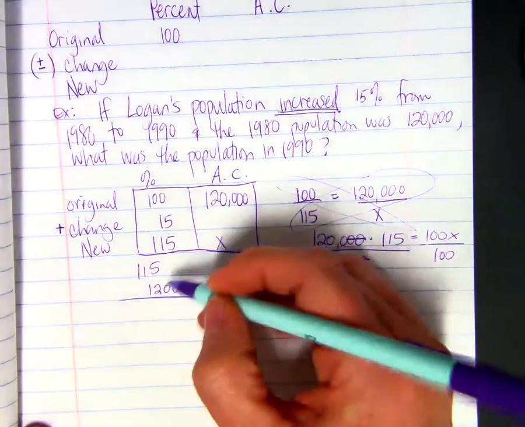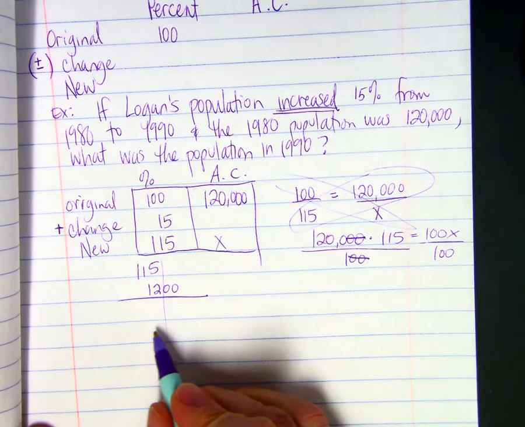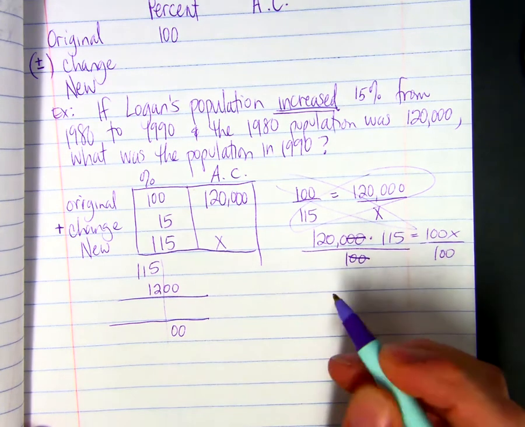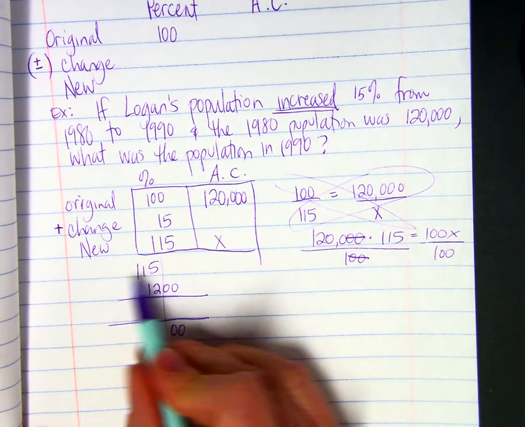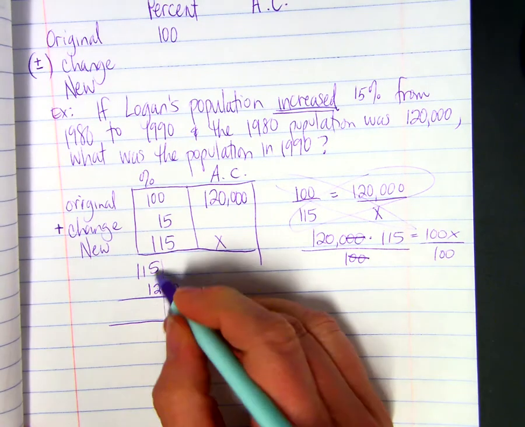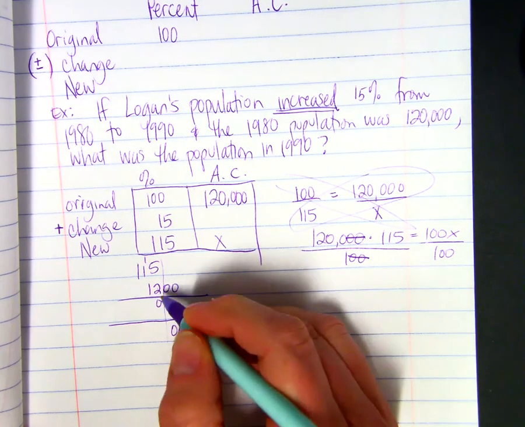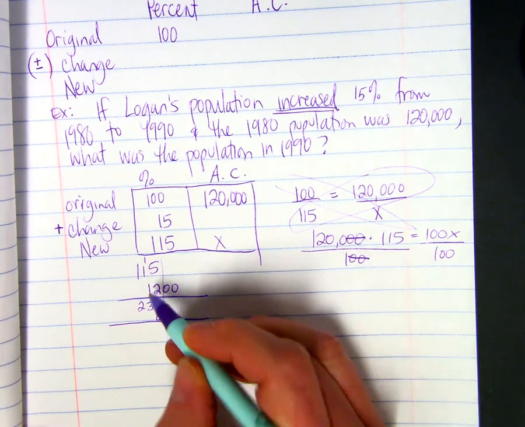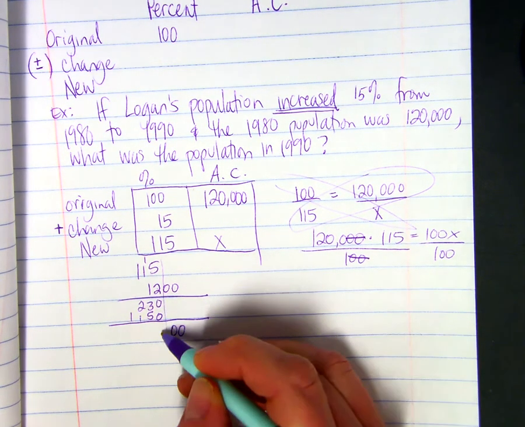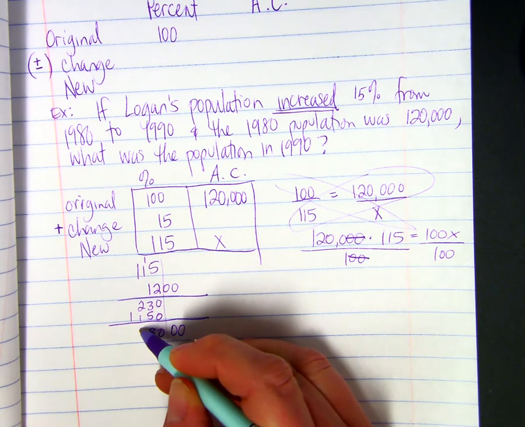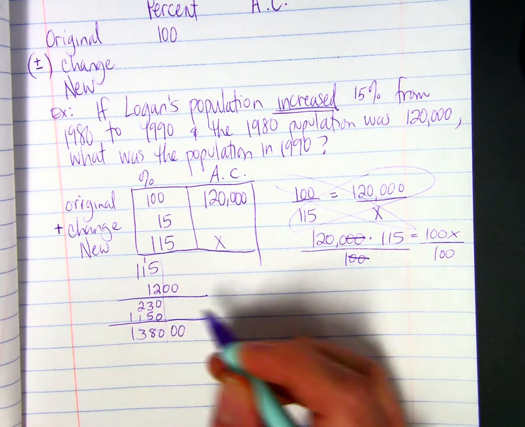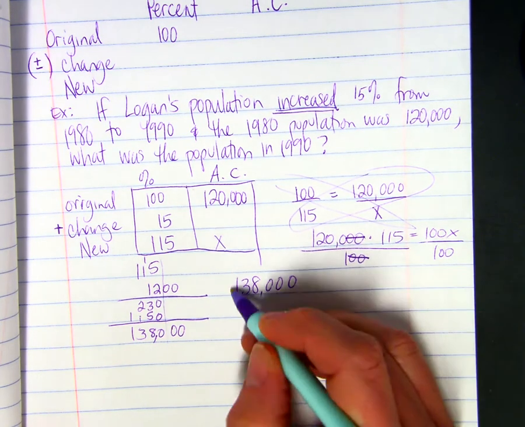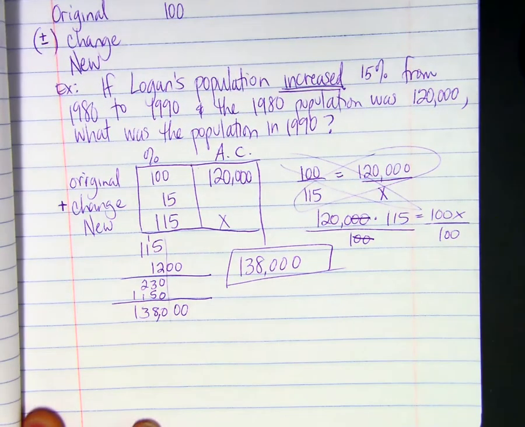Now on this one, I know at the very end I'm going to want to drop my zeros down, so I'm going to put those 2 zeros here. And then I'm just going to do 12 times 115. So 2 times 5 is 10. 2 plus 1 is 3. 2, put my placeholder, and then do 1 times 115, add them together, and I have 138,000 is the new population in 1990.